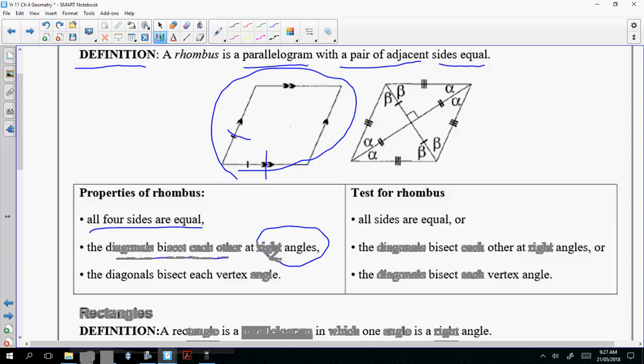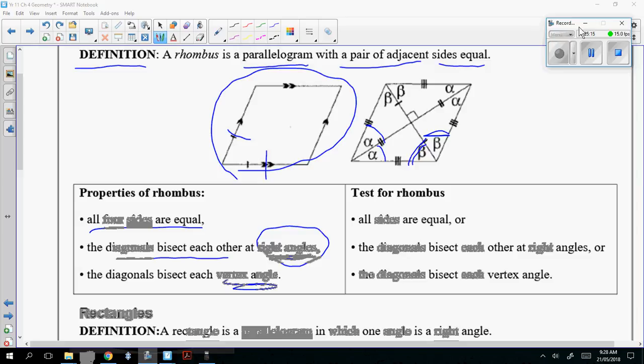Now, what are the tests for rhombus? The tests of rhombus are listed here. All sides are equal, and diagonals bisect each other at right angle. And then the diagonals bisect each vertex angle. The most common test used in the exam is all sides are equal, or actually this one's also used a lot: diagonals bisect each other at right angle.